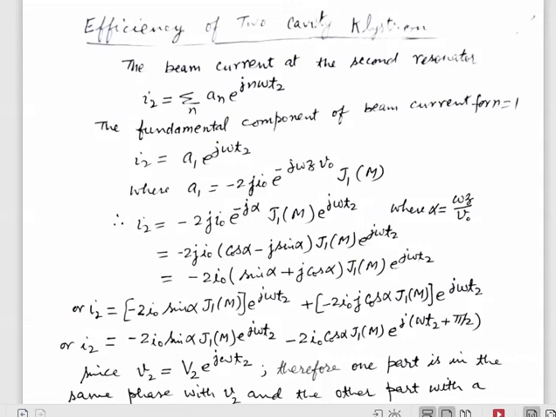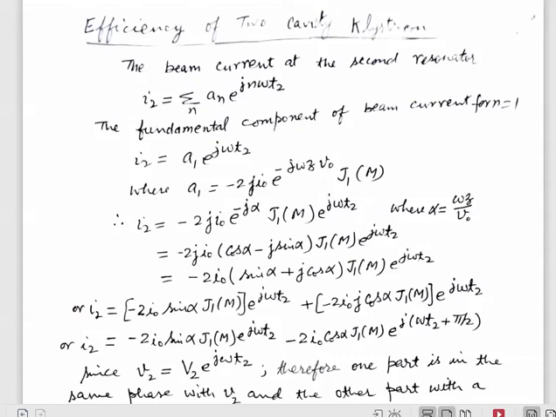So today we will find out the efficiency and power output of the two cavity klystron, and also we will discuss how the two cavity klystron can also act as a two cavity klystron oscillator.